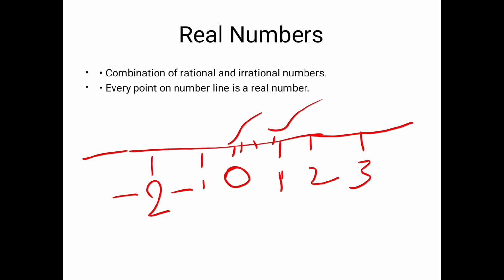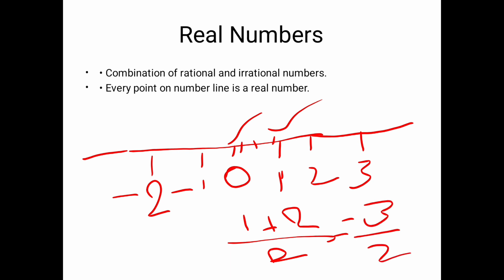How could I find rational numbers between two rational numbers? Means if I want a rational number between 1 and 2, what we should do is consider 1 plus 2 by 2, that is equal to 3 by 2.